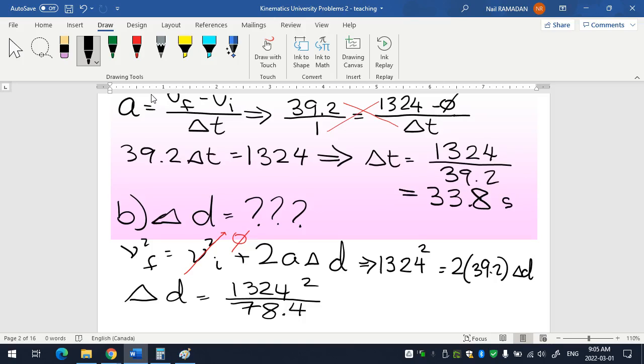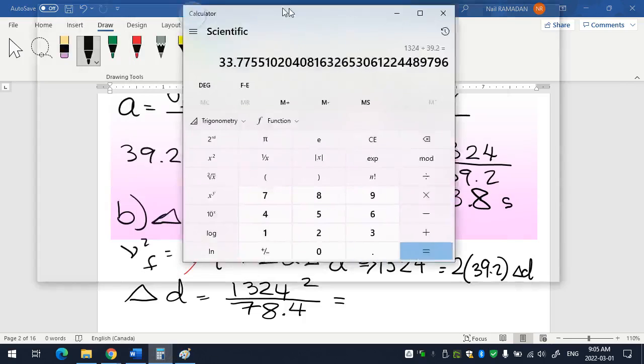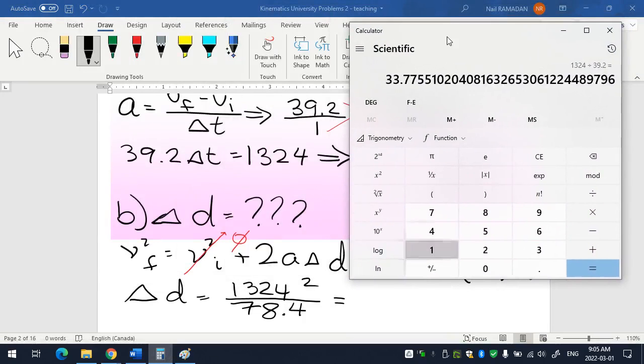Okay. All right. Let's see what this is. 1324 squared, that's over a million, divided by 78.4. Okay, let's see how much the plane traveled just while accelerating to that speed for Mach 4.